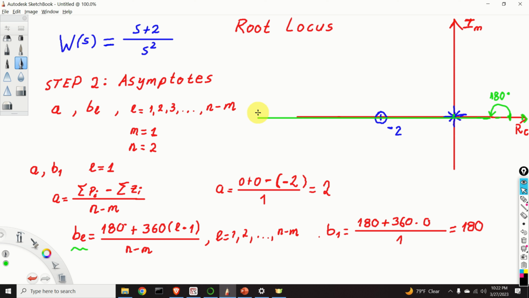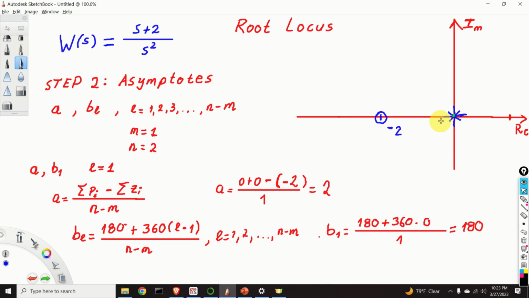And this asymptote actually shows the direction of an infinite zero. So we know that one of the branches of our root locus will approach this asymptote into infinity, toward minus infinity.